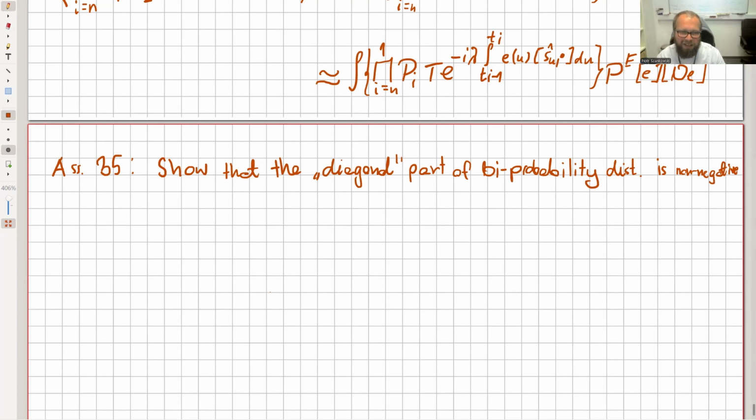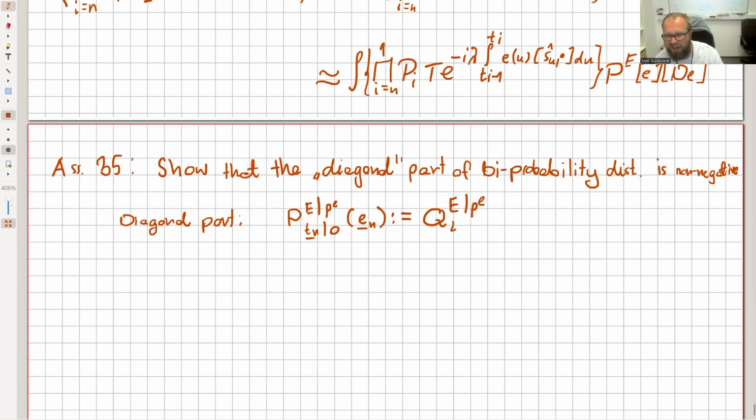So what is the diagonal part? Let's call it P of E rho E, at times t_n through t_0, E_n. By definition, you take the bi-probability associated with E, with the same timings, and you just set both components of the bi-sequence to be equal.